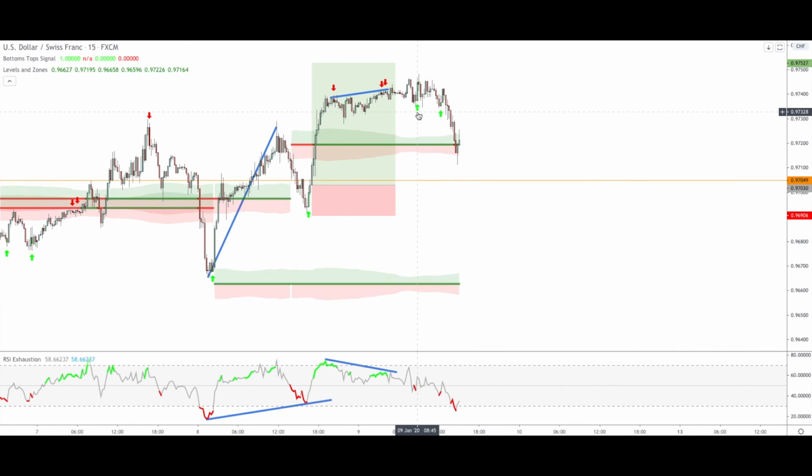We also had 1 and 2 bottom signals here. Of course, these are just signals to be ignored because there is no evidence in the RSI that these are real signals, in the sense that I don't see any divergence between the price action and the RSI exhaustion.